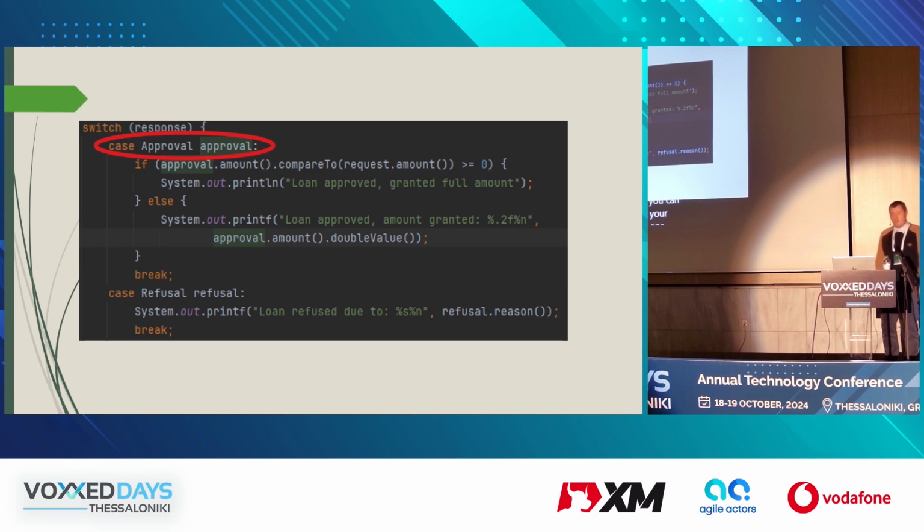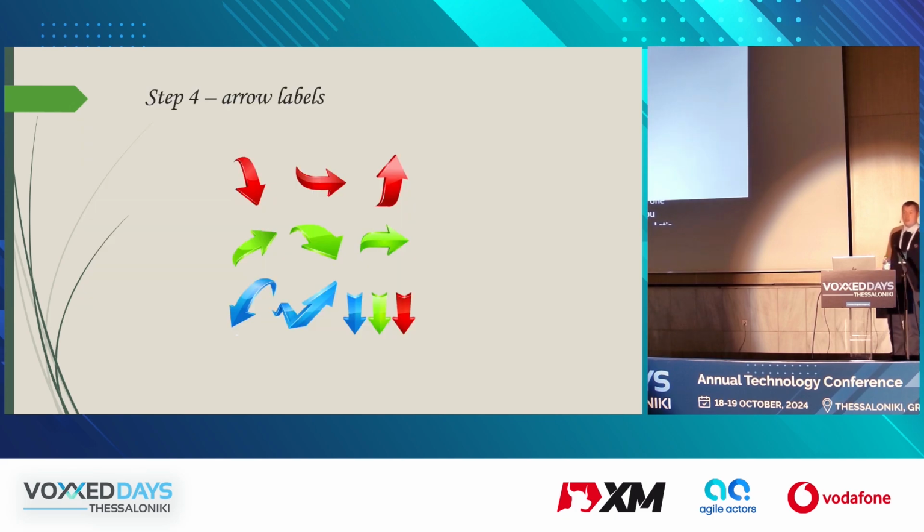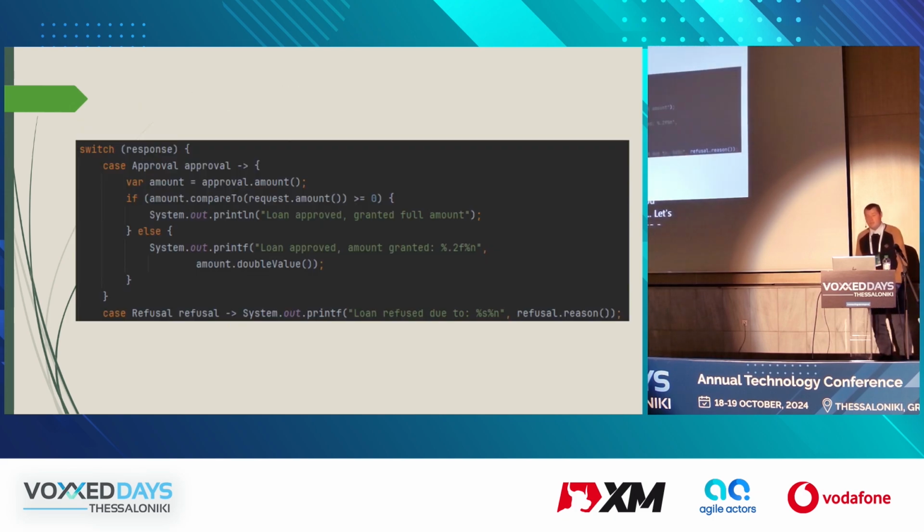So let's lift this switch construction a little bit and go to arrow labels. With arrow labels, we can write the switch construction in a very concise way, because first, we can just use this arrow and open the block of code. So it's definitely more readable which block of code is for each branch.